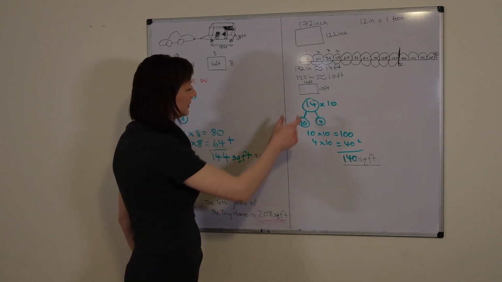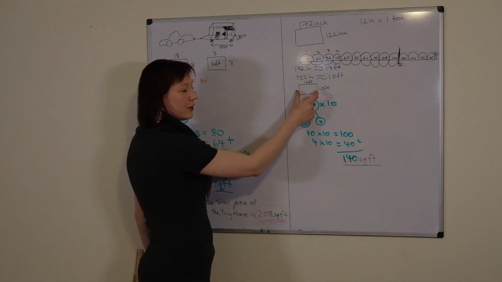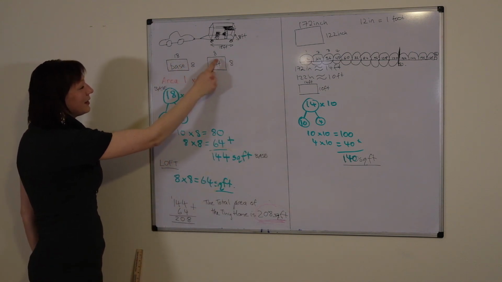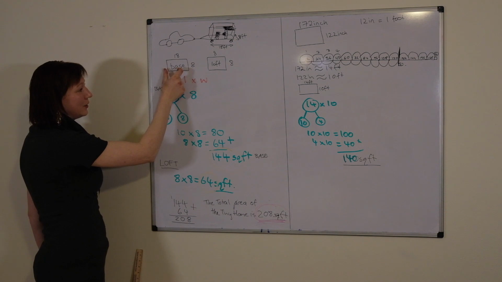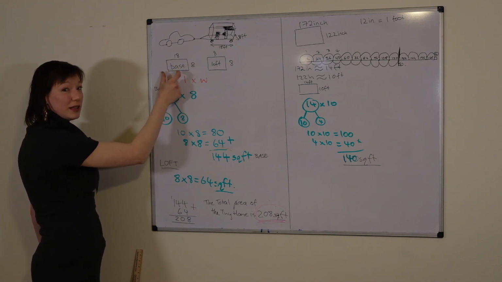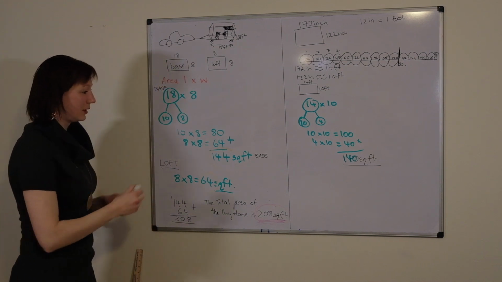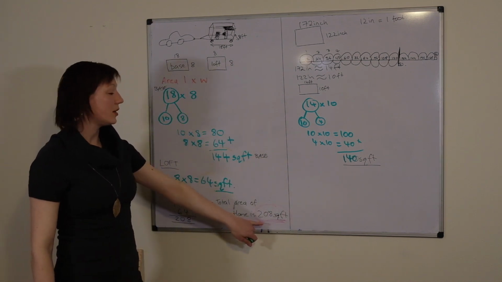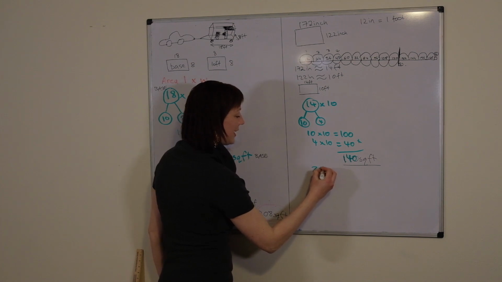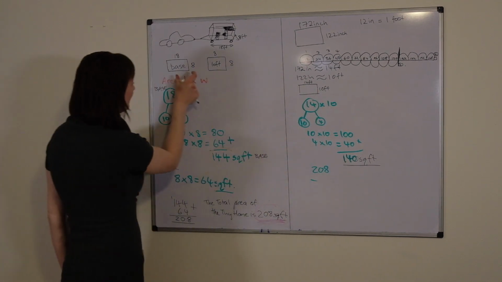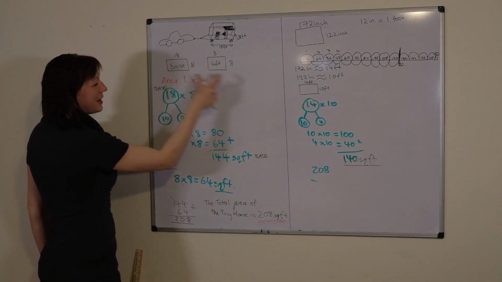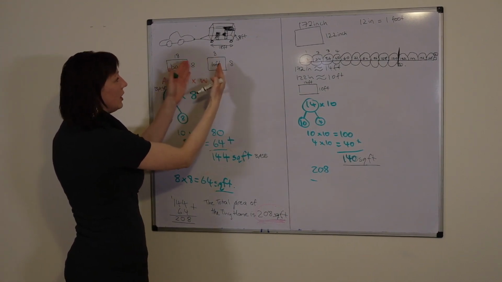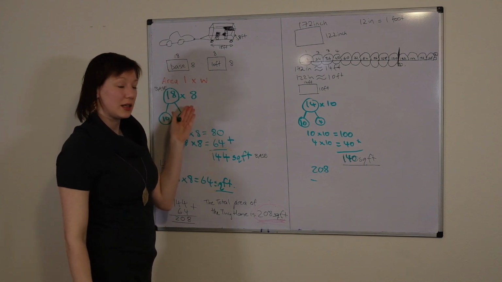Let's think about that. The area of the bedroom compared to the entire area of the tiny home. Well, the bedroom could fit in the tiny home. So, let's look at the square footage, the area of the tiny home, 208, minus, if we took the area of the bedroom and took it over here, that would tell us what's left over, what's extra, how much bigger the tiny home is.